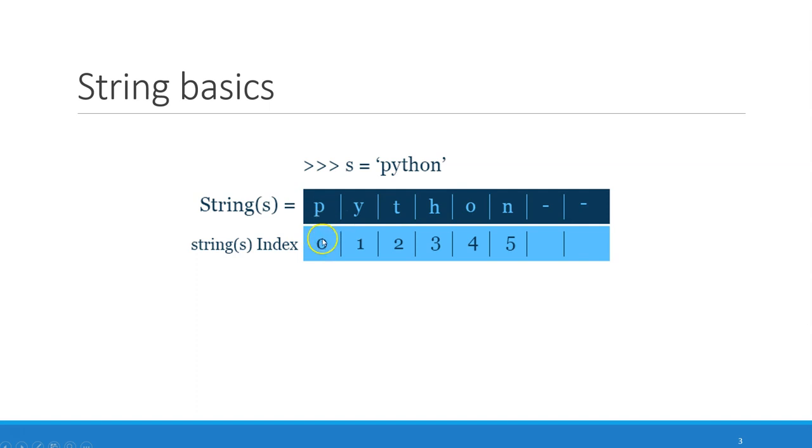So P is located at index 0, Y is at index 1, and so on and so forth. The blank cells in this table, just assume there's nothing there. It's just an extra space in the picture. Each one of them is going to have its own specific index.